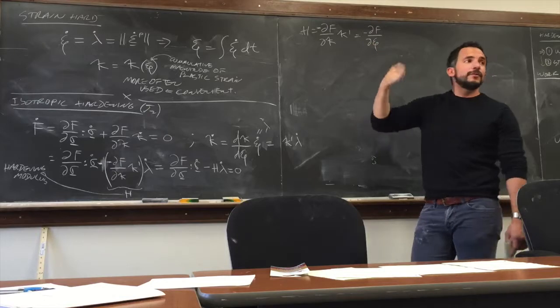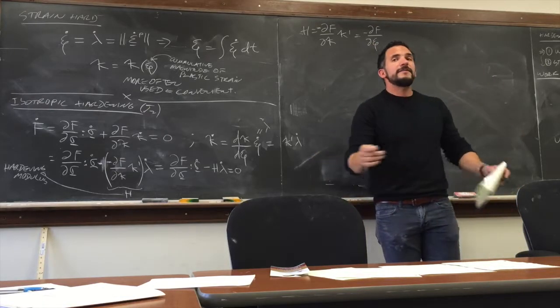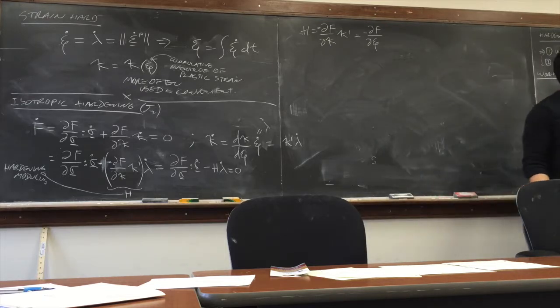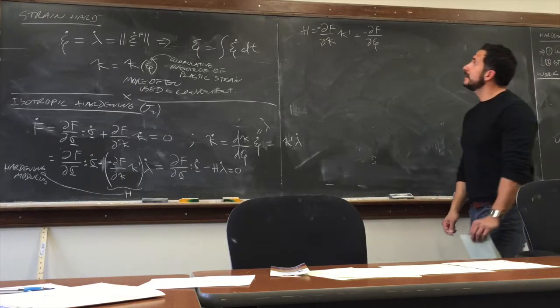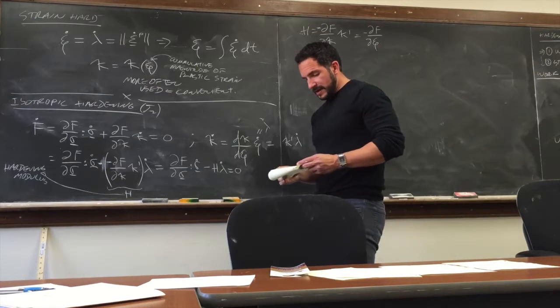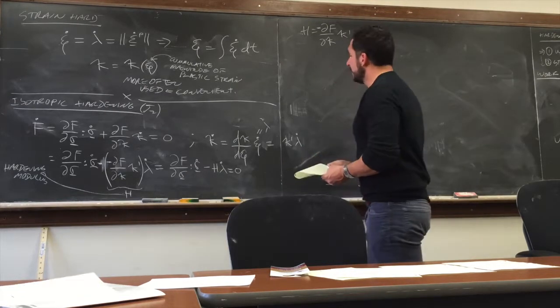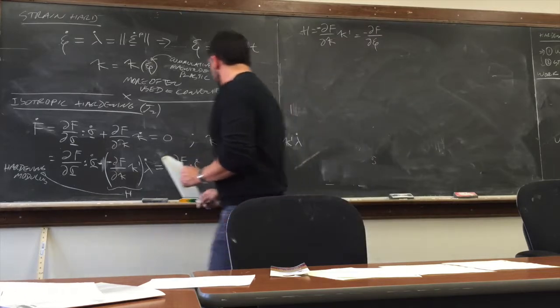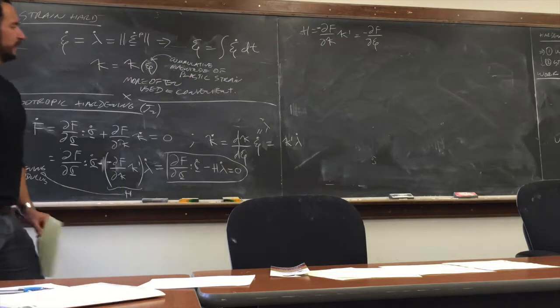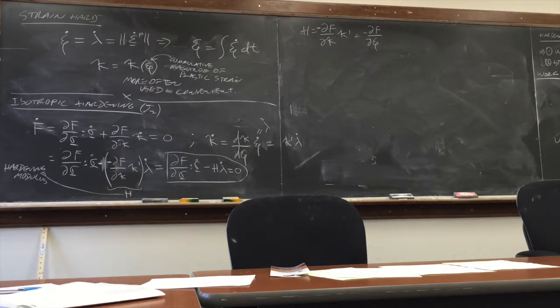So even though I'm accumulating plastic strain, my F is not changing. So my cylinder must be fixed in this case. Okay? So recall that. Make a note of that. So I arrive at one of the most classic versions of the consistency condition.